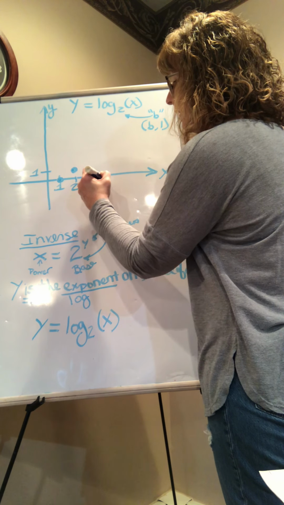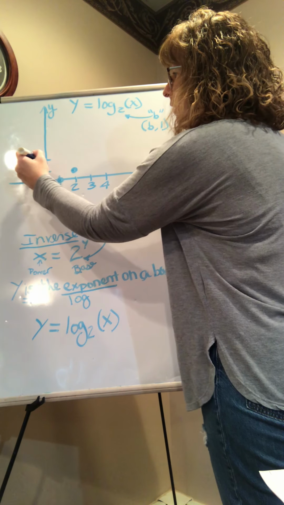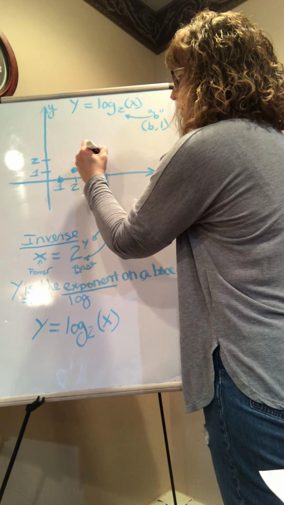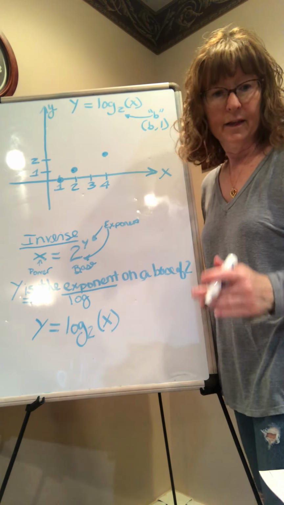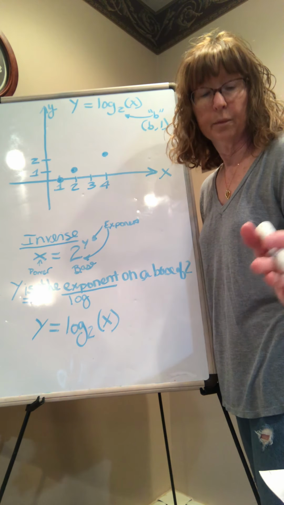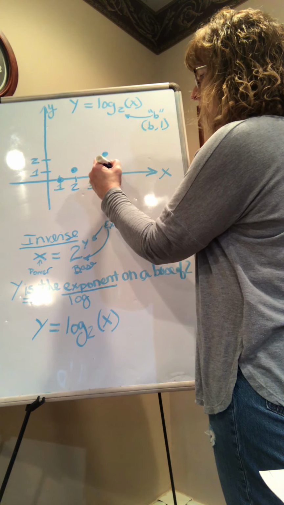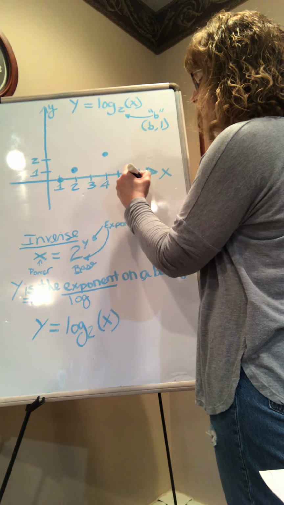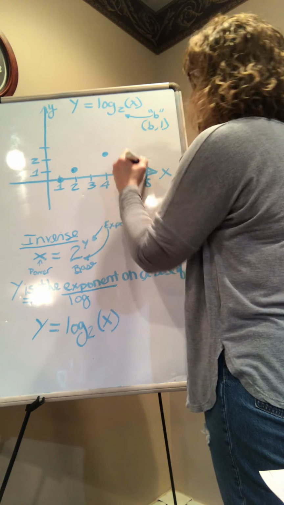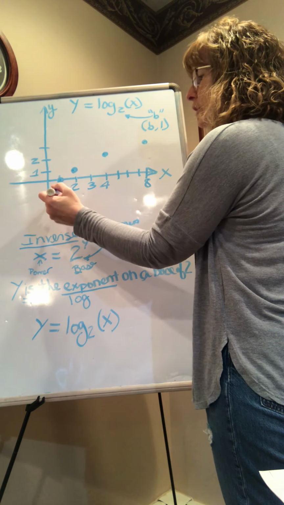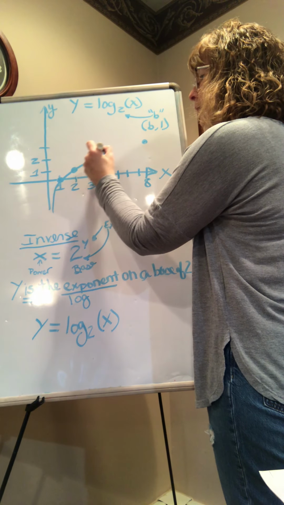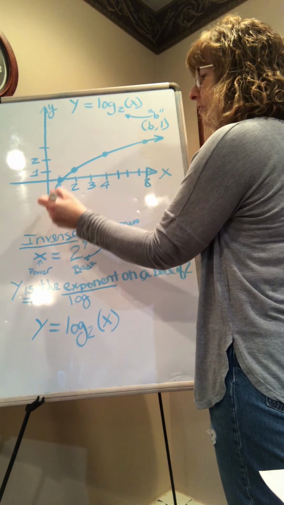So here's 3, here's 4, 4, 2. And then the next point on your 2 to the x table was 3, 8. But here, if I flip it, I'm going from 4, 5, 6, 7, 8, just to get up to 3. They are switched. And here would be my log graph.